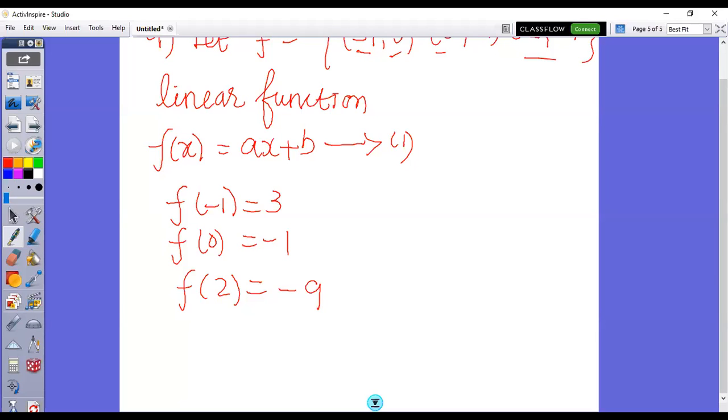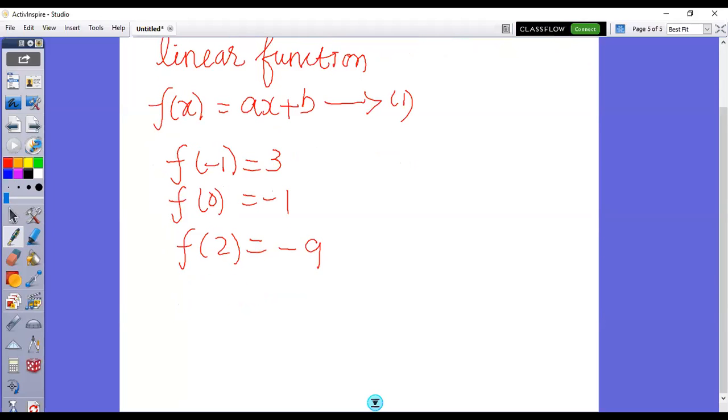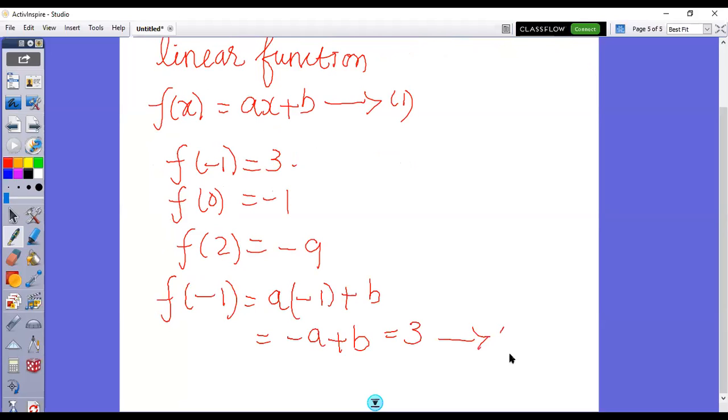So substitute f of minus 1, in the first equation, substitute x value: a into minus 1 plus b. So minus a plus b, this is equal to 3. This is the second equation.